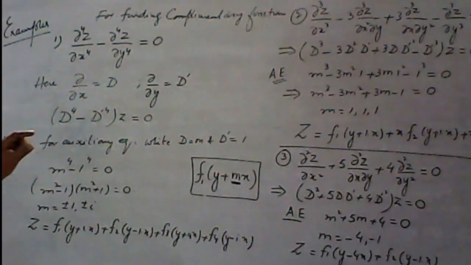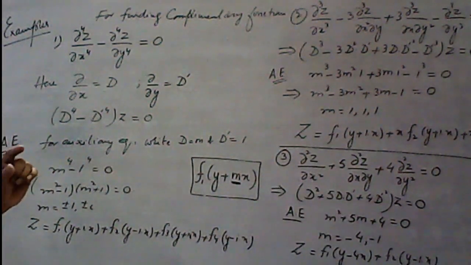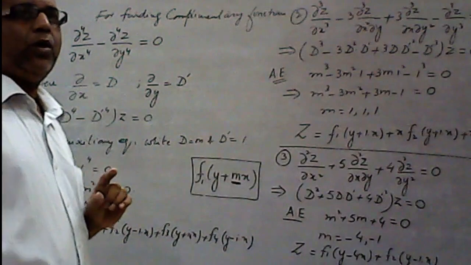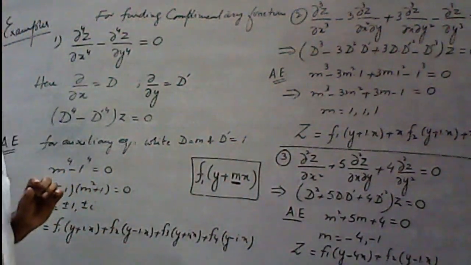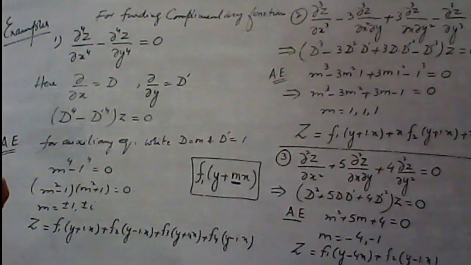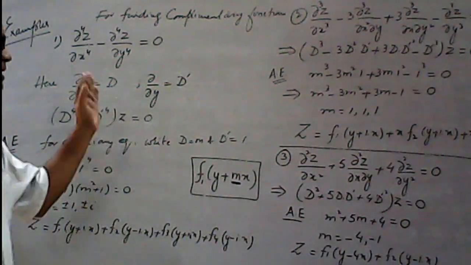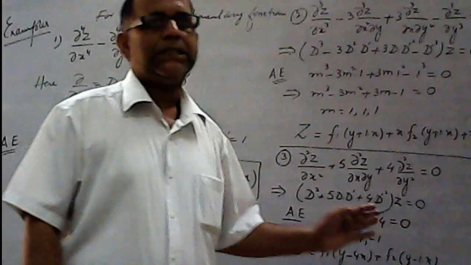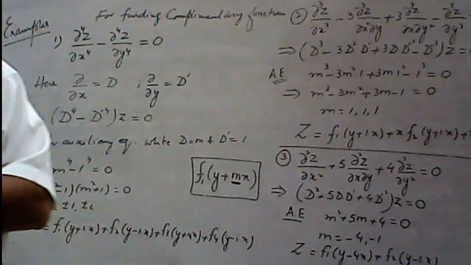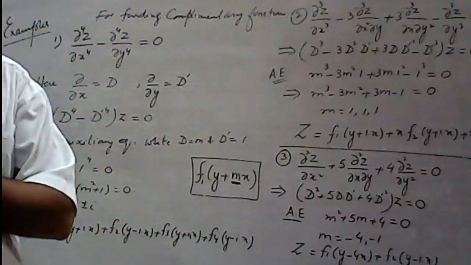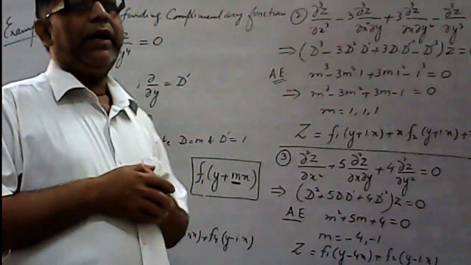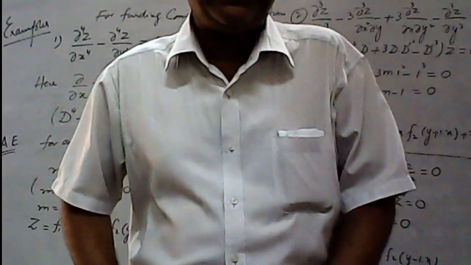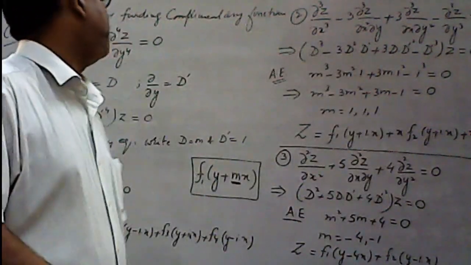Then the next point is, if the right hand side of the higher order PDE is 0, then we just need to find the complementary function, as I did in all 3 examples. And if the right hand side is non-zero, then as we did in higher order ODE, we need to find the complementary function and the particular integral both.